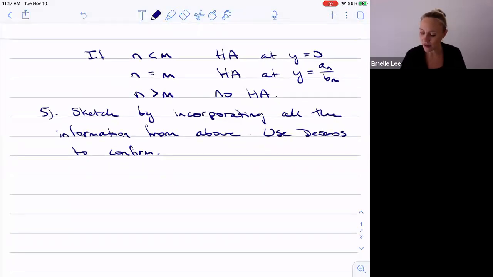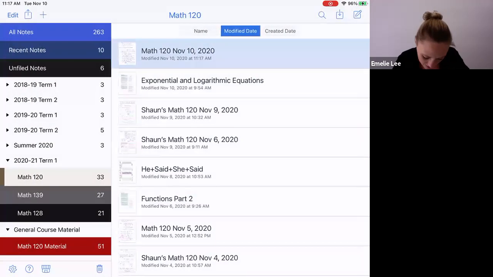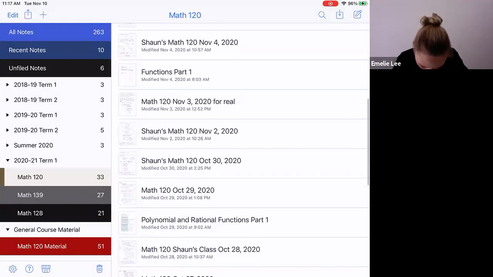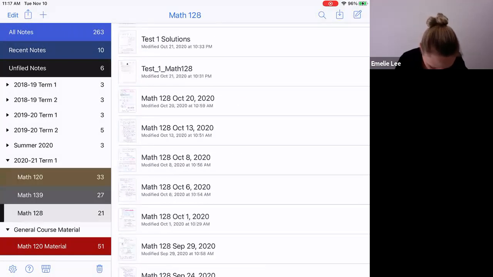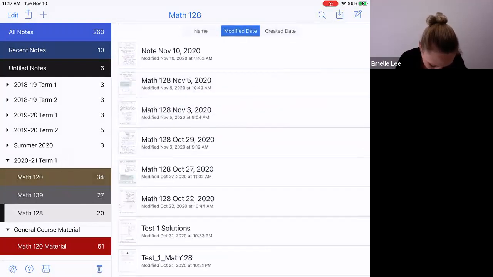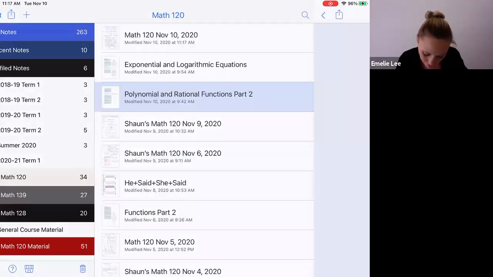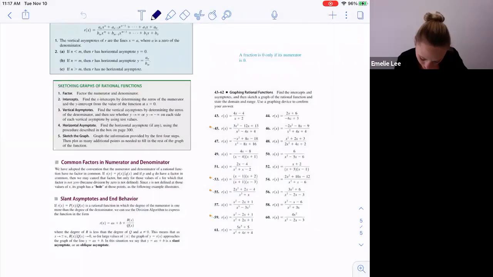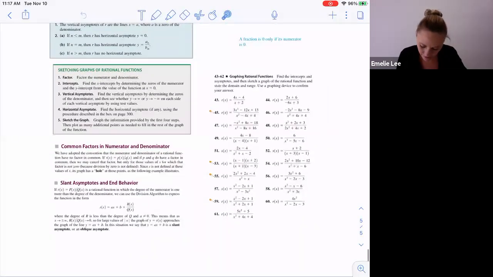So there was a special example that I wanted to show you guys. Where did I put it? I think I put it here. So down here, the example I'm going to do is 59.